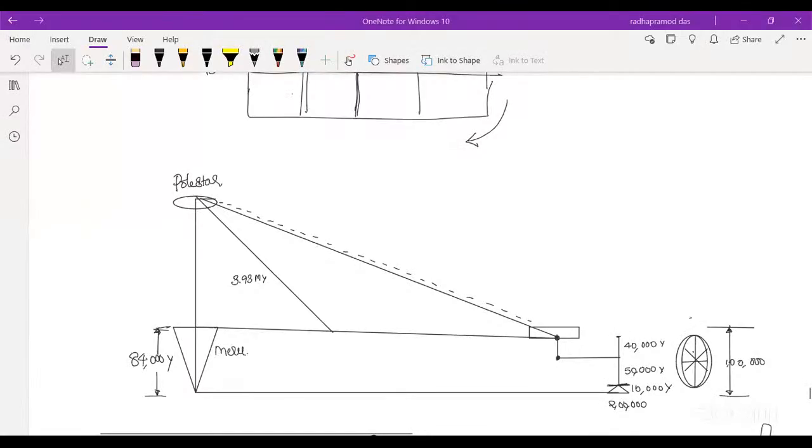Just give me a second. This one diagram, if you understand, it will be nice. So you're able to see the screen.